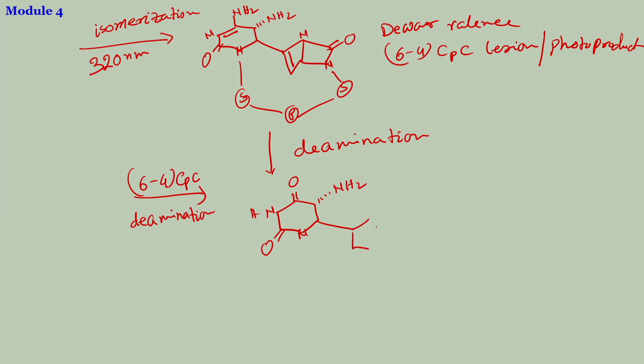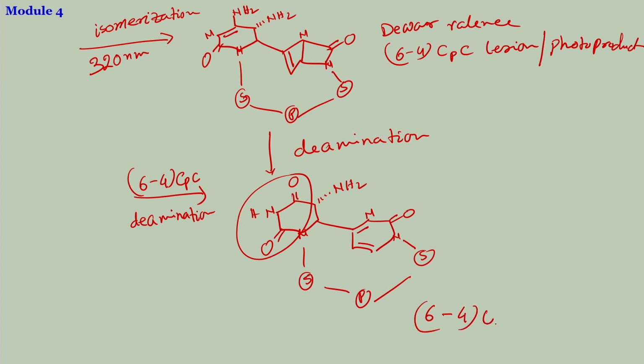I am writing the plain version, it can be the Dewar isomer also. In here, or the Dewar, you can get the uracil. So, now you can call it, if it is the 6,4, I have written the 6,4 uracil photoproduct basically.